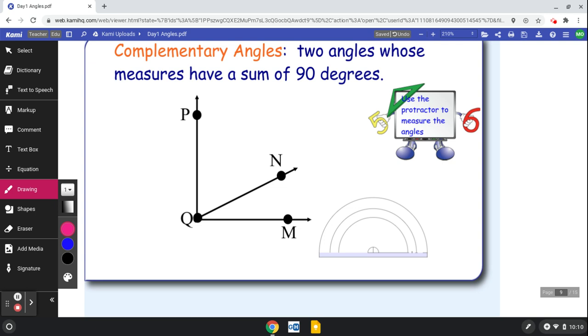Complementary. That means they make 90 degrees. So angle PQN is complementary to angle NQM.